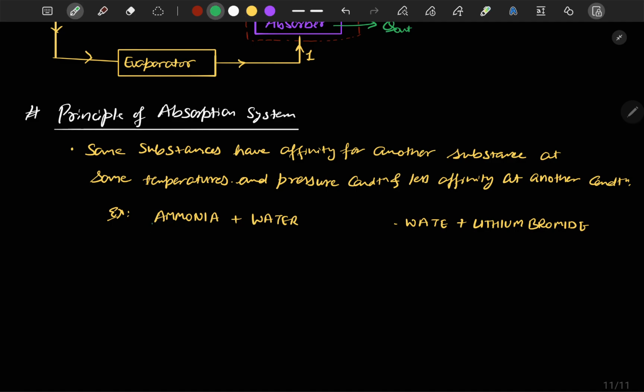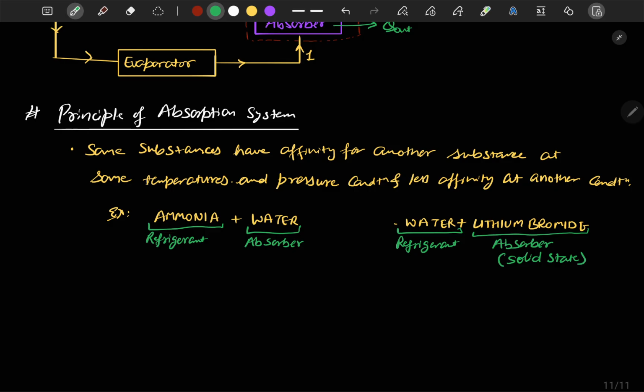In ammonia water, ammonia is the refrigerant and water acts as the absorber. In water lithium bromide, water acts as the refrigerant and lithium bromide is the absorber, and this lithium bromide is in solid state.